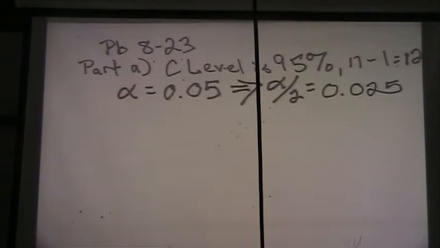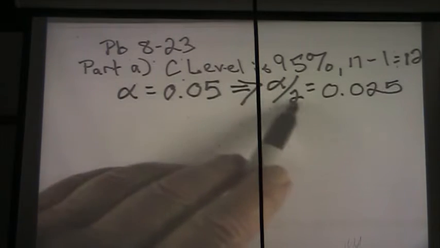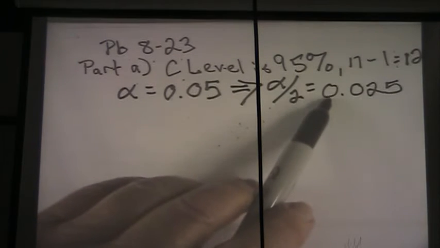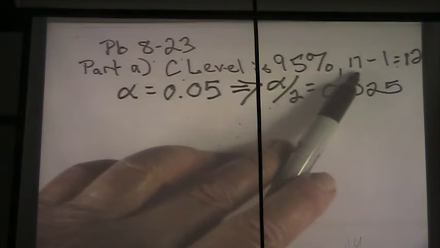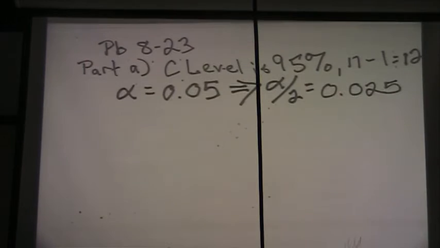Okay, so far, so well. Now, so we know that alpha divided by 2 equals 0.025, that our degrees of freedom is equal to 12.